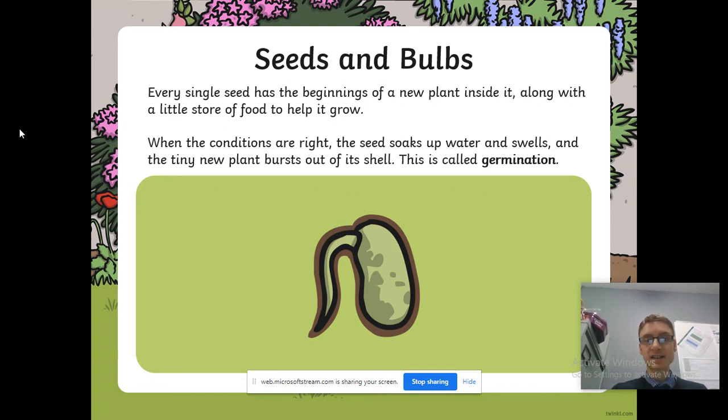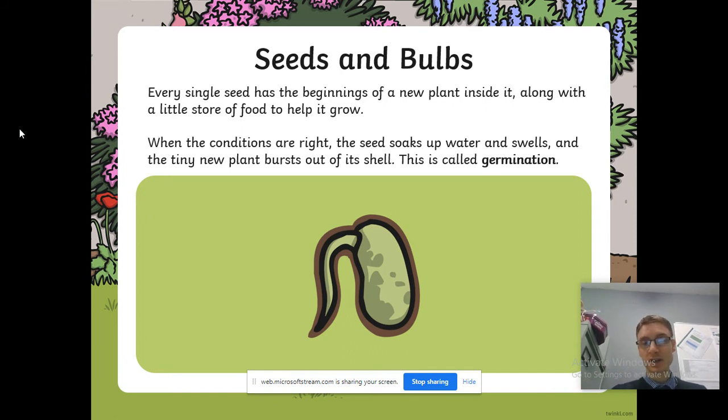Every single seed has the beginnings of a new plant inside it, but it has a little store of food within it to help that plant grow. But it's not like a bulb in that sense, because the bulb has all of the energy stored within it for a while. So there is a difference between the two.